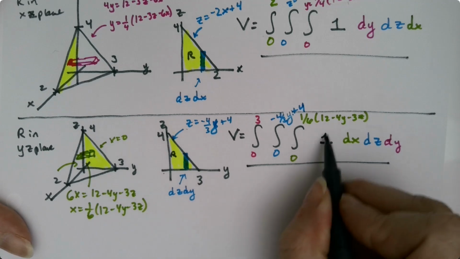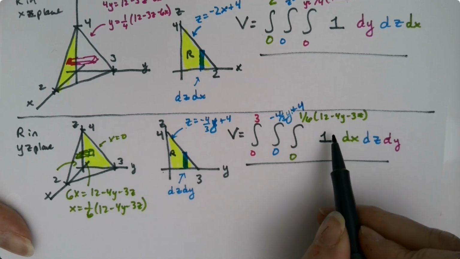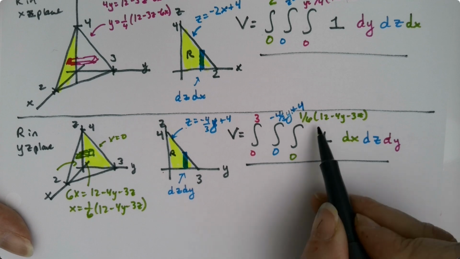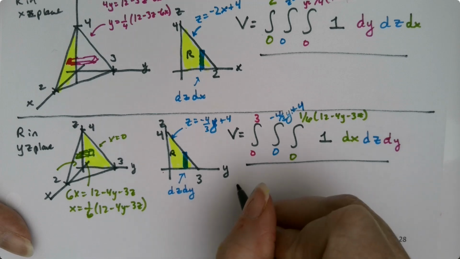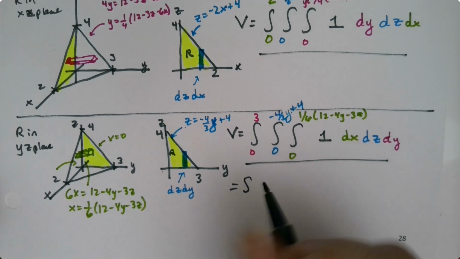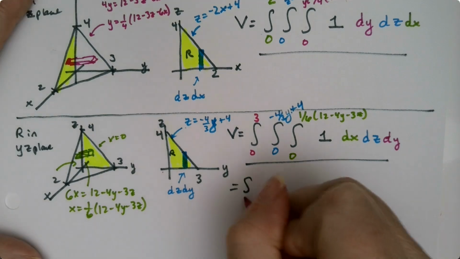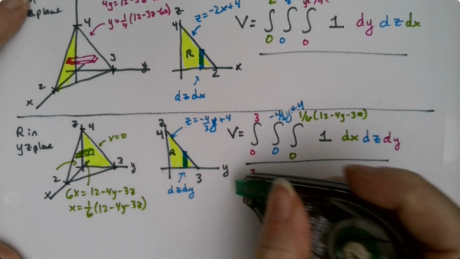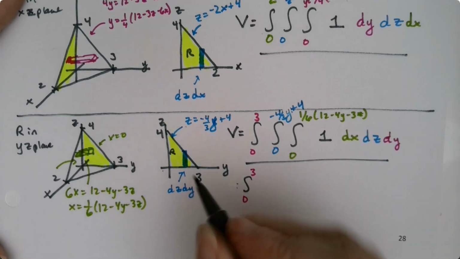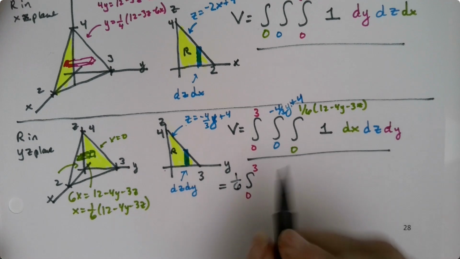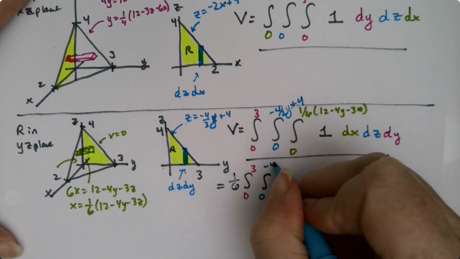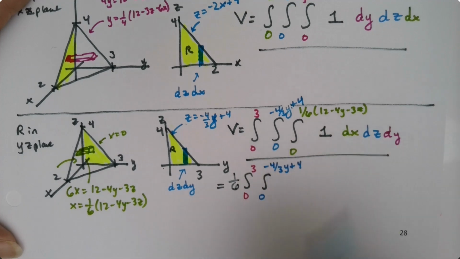So when we solve this, we know how this is going to integrate. This is going to become x, and then you're just going to stick the values in. It's kind of that straightforward. So it's the integral from 0 to 3. And then actually we're just going to stick the 1/6 out in front. And then it's the integral from 0 to -4 thirds y plus 4.